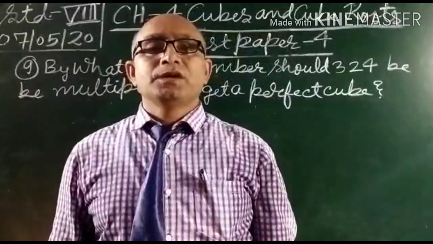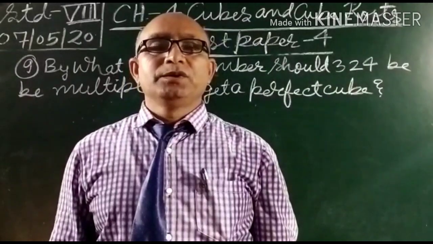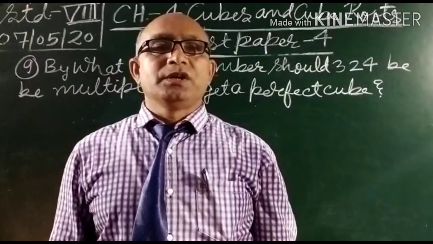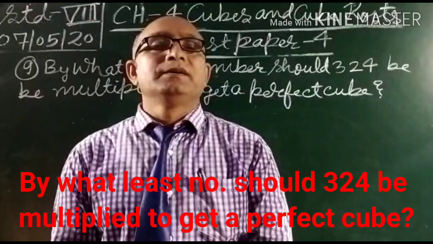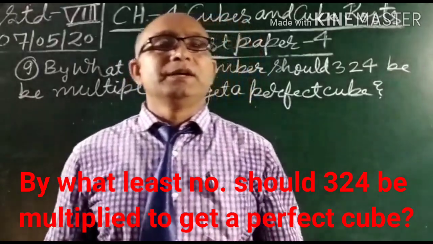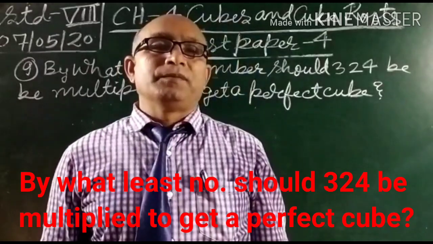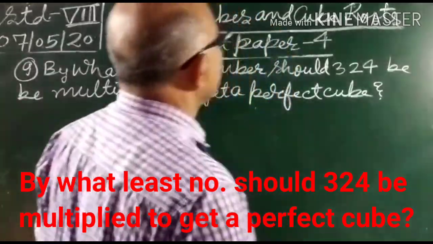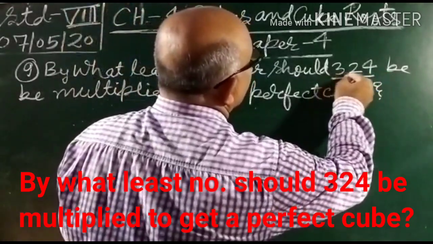Right. Students, one important question on this board is question number 9. By what least number should 324 be multiplied to get a perfect cube? Here the given number is 324.